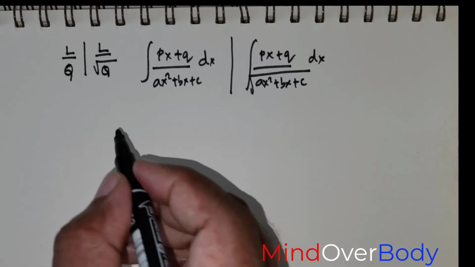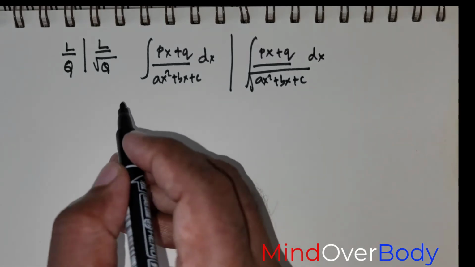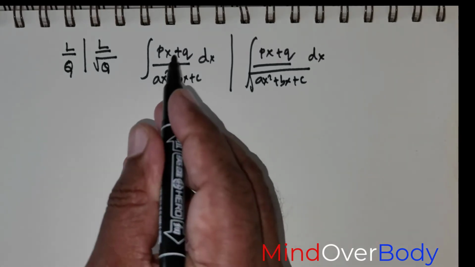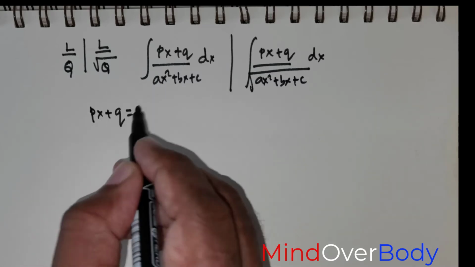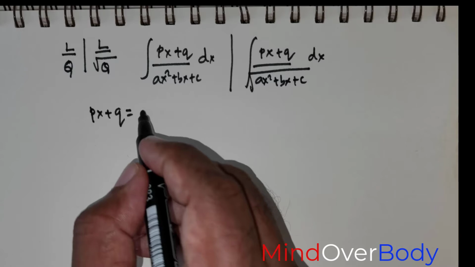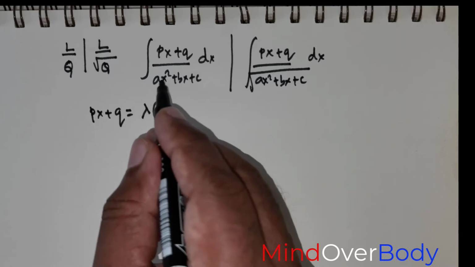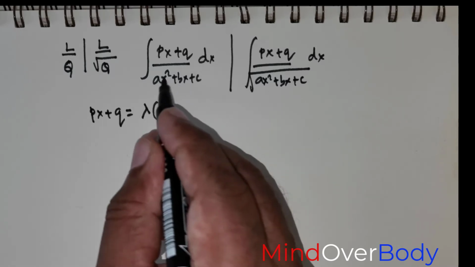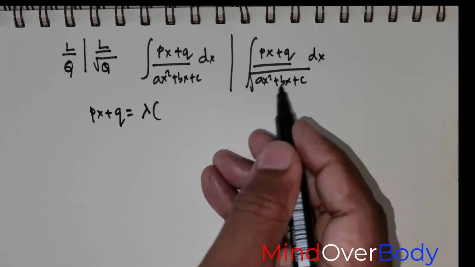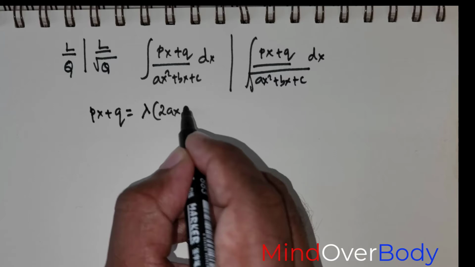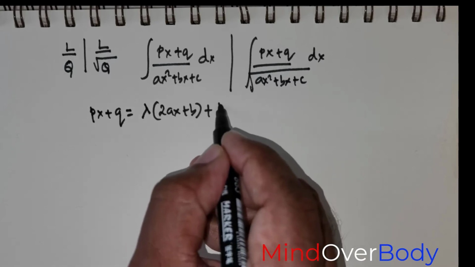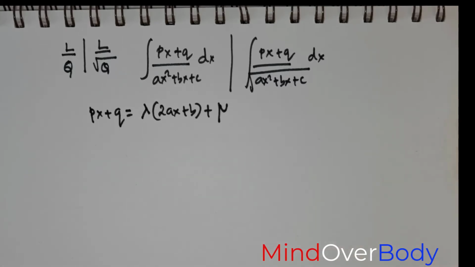In either of these cases, you will have to take the numerator and rewrite it as lambda times the differential of the quantity you see here, in this case the quantity inside the square root. So that's going to be 2ax + b, plus mu.